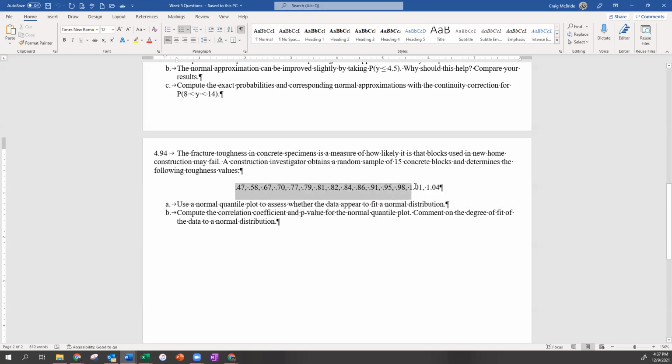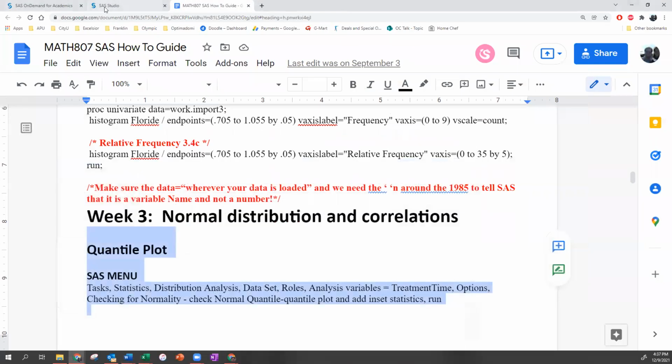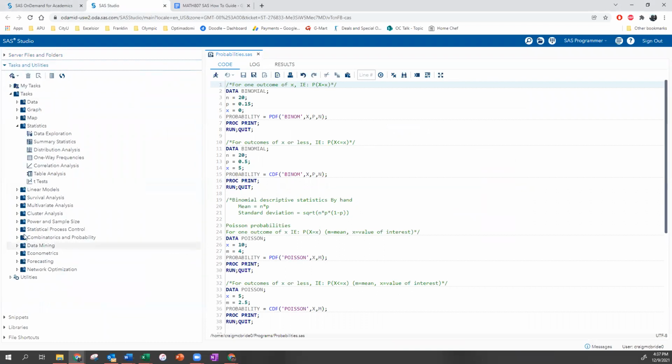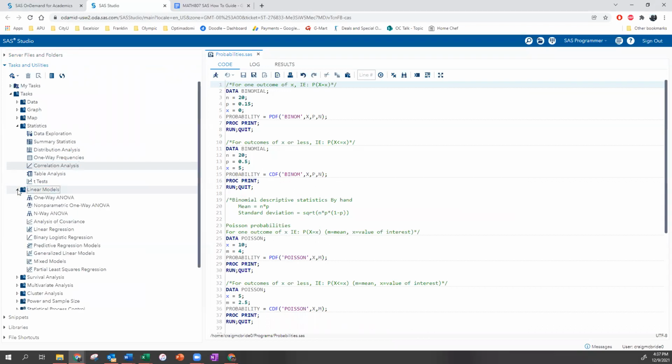If you just run the correlation analysis in tasks and utilities, that's just going to give you R. But if you run actual regression analysis, then that gives you both.